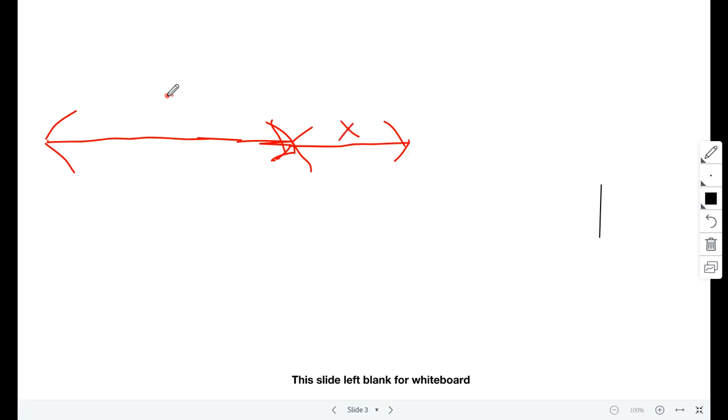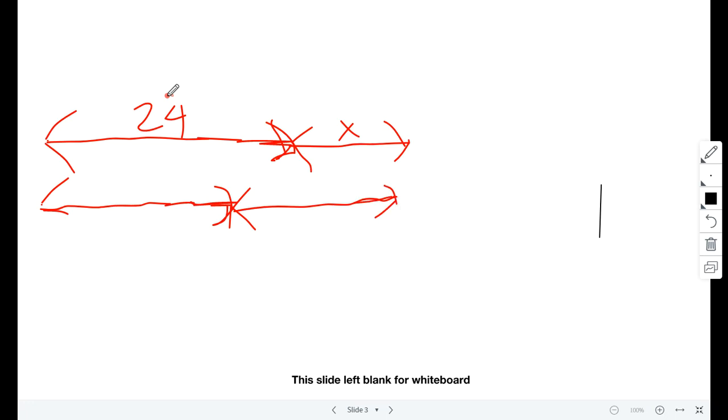Here's x and 4. So it's very easy. So what do you think? You have to form your own equation and then solve, or find out what x is.